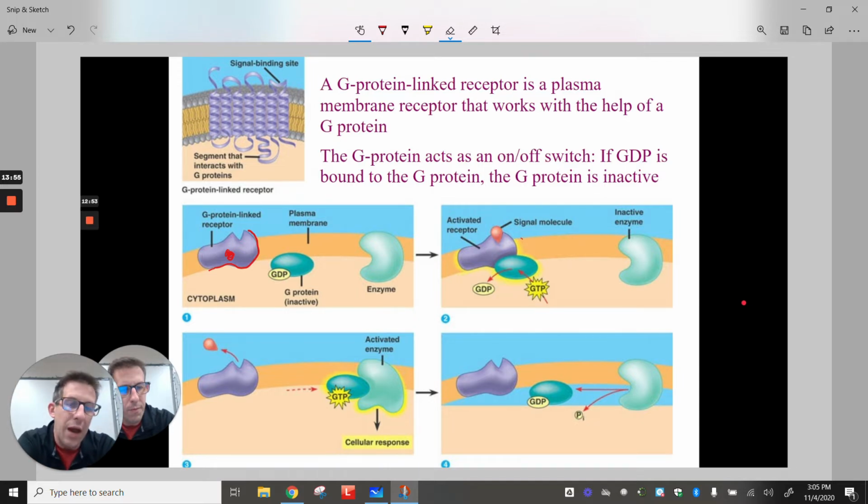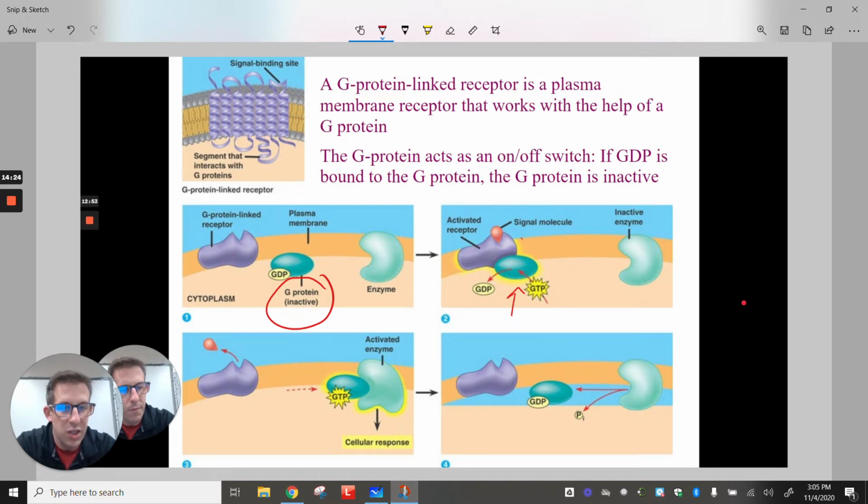So now we've got an active G protein linked receptor. That's a good thing because that starts off everything else in the signal transduction pathway. The next step in the transduction of this pathway is the activation of G protein. G protein is this guy right here. Right now it's not active, and over here we notice that it is active.